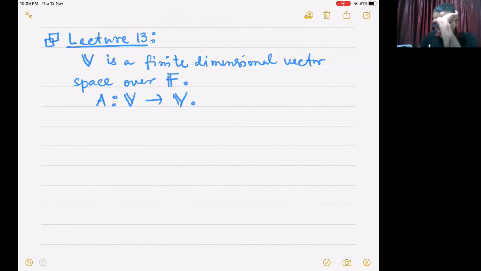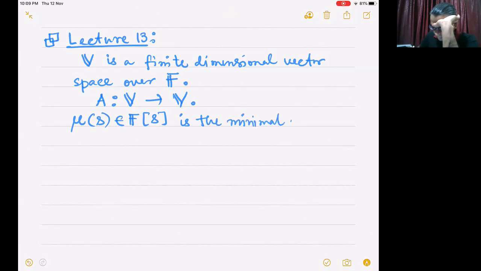Say mu(s) in F[s] is the minimal polynomial of linear operator A. By the way, there's this curious fact about this minimal polynomial that we'll see now, which will be crucial for us.